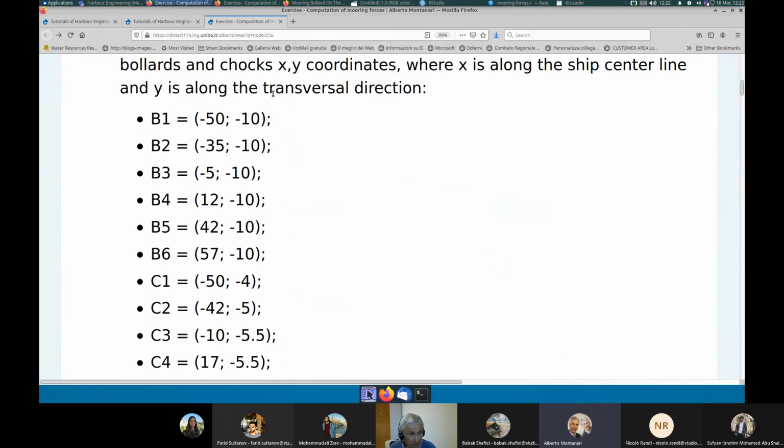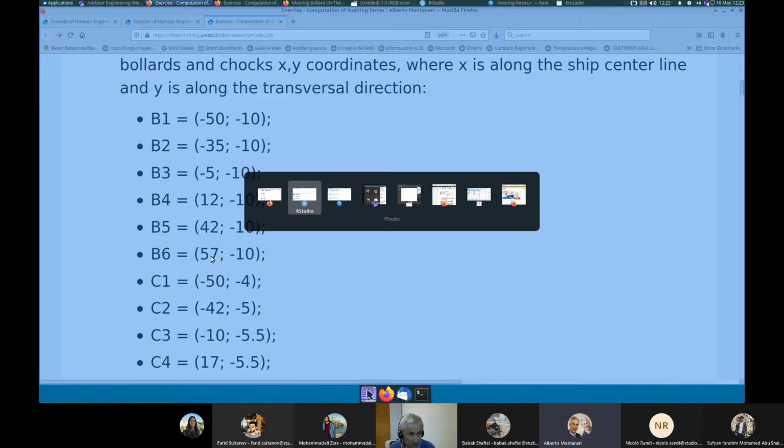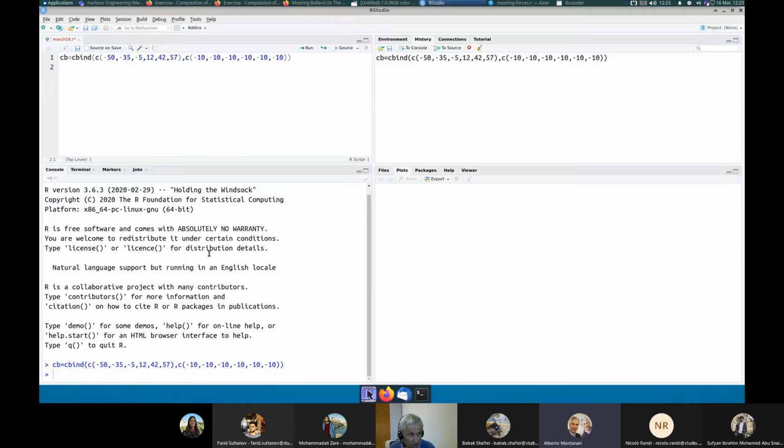You see, bollards, same y coordinate, x coordinates varying from -50 to 57. So let me go back to RStudio, and you see that the numbers are correct.